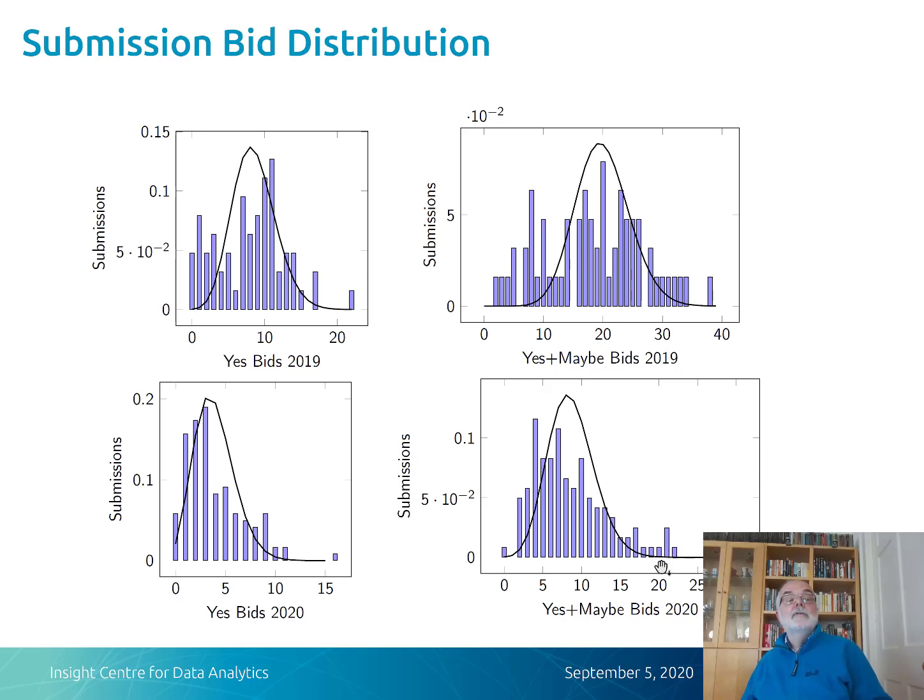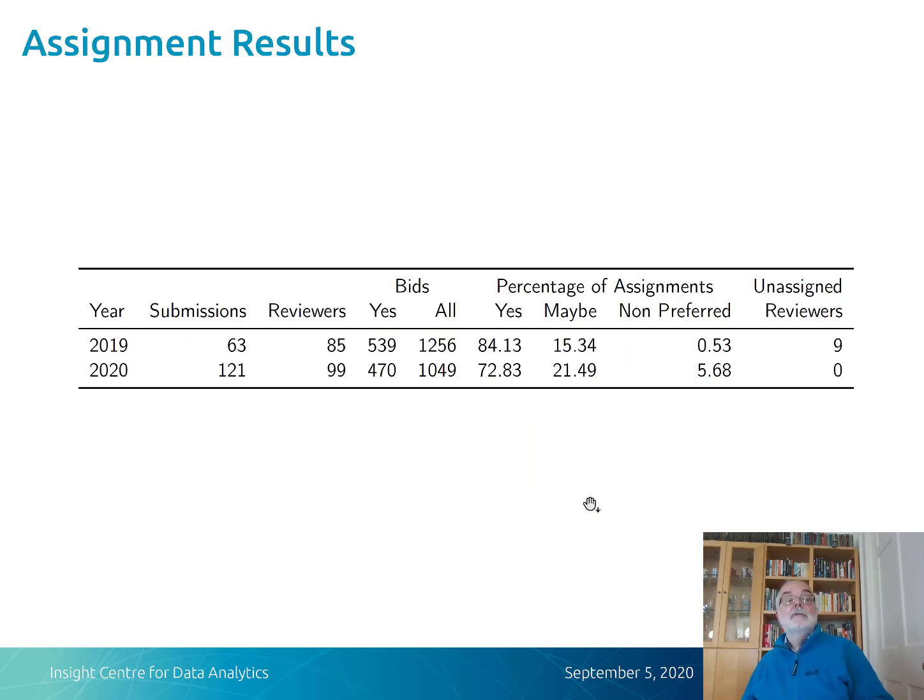Again, this is somewhat less in 2020. We have only one paper that reaches 30 positive bids overall. And that has an impact on the overall quality of the assignment.